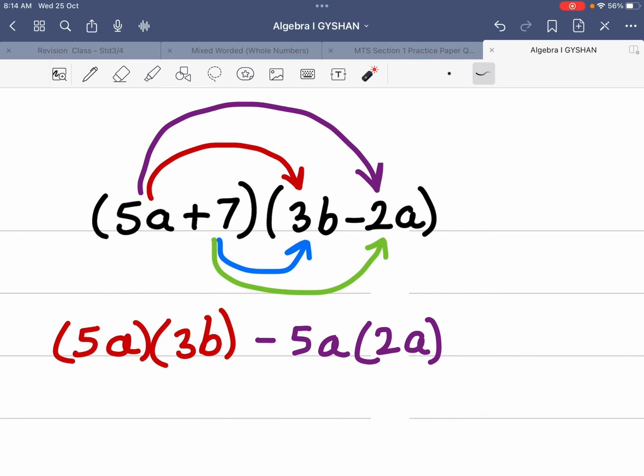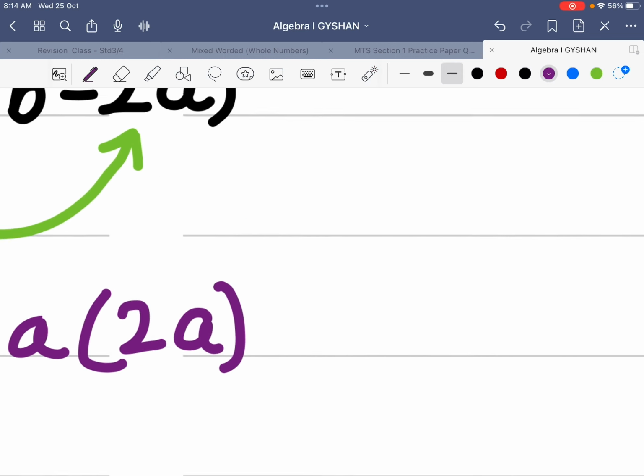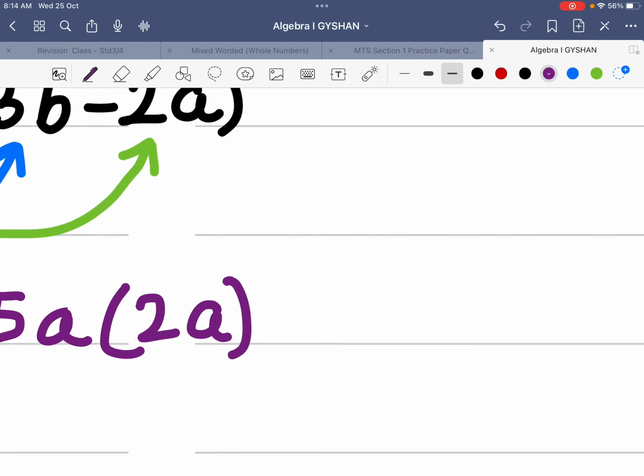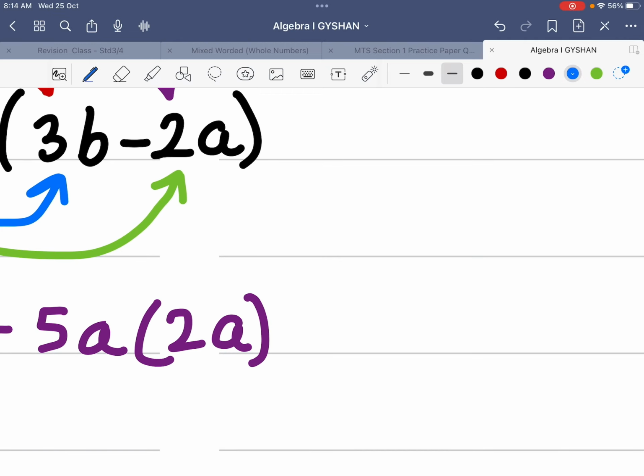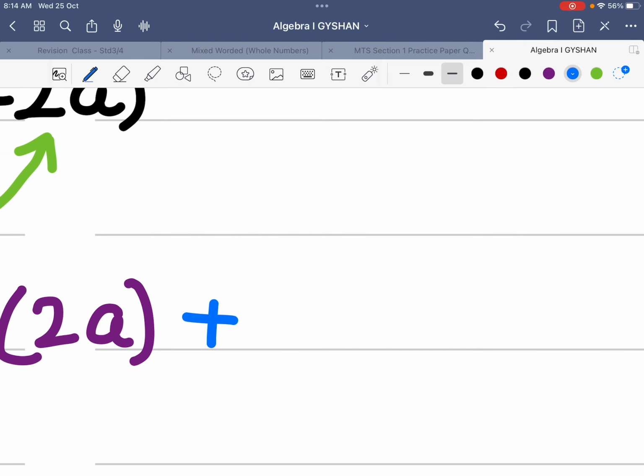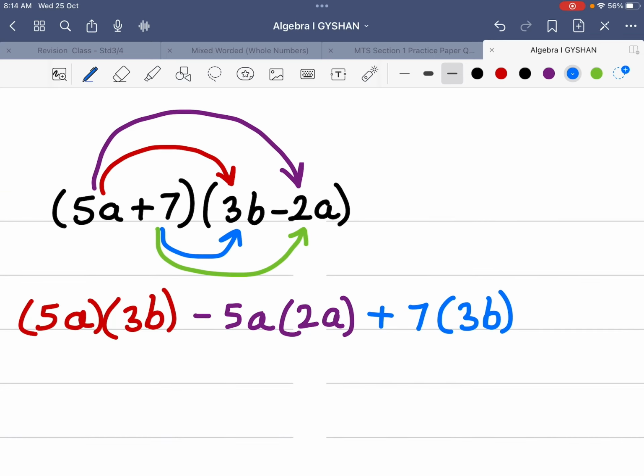Then we will go with the second term by the first term. So that's positive by positive is positive. And lastly, second term by second term, positive by negative is negative.